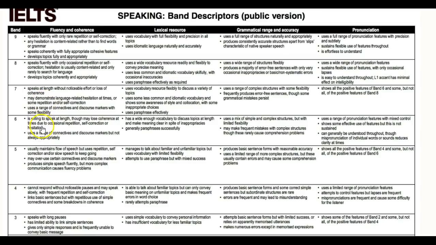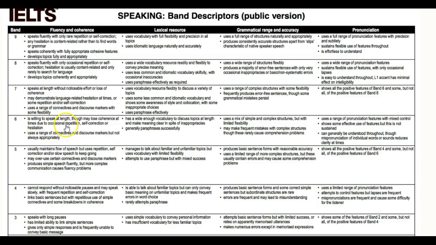And that's why so many people seem to struggle with that jump from the 6 to the 7, because essentially you're jumping categories, not just bands, but a category of language user. So you're getting away from this intermediate use of the language into a more proficient use of the English language.